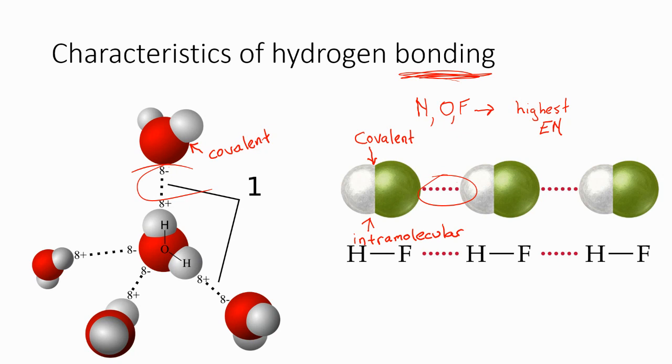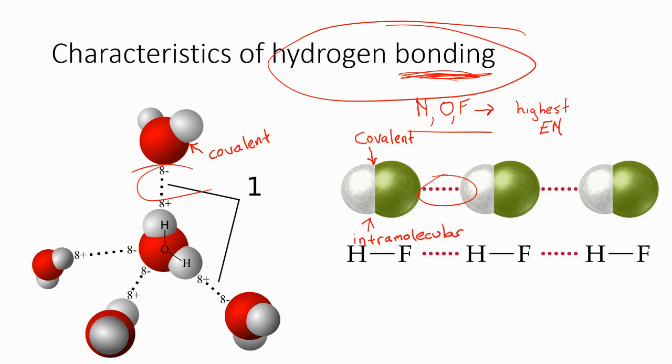In addition, the intermolecular force that we are calling the hydrogen bond needs to be between a hydrogen atom in one molecule and a very electronegative atom in another molecule. Again, N, O, and F are the only three atoms that really capture this. So let's look at the right side of the screen and look at HF in particular. HF has the covalent bond right here.